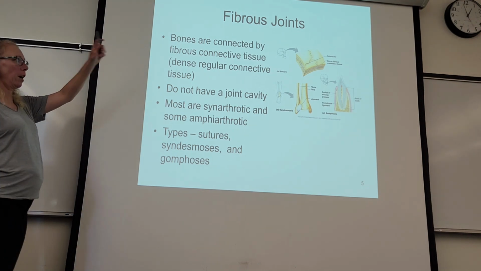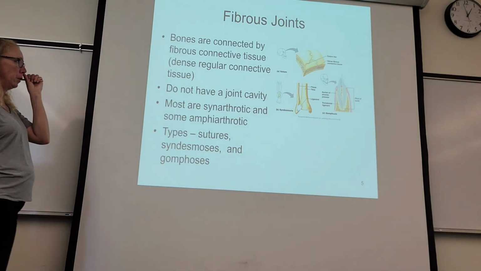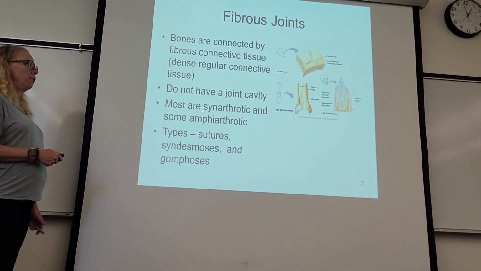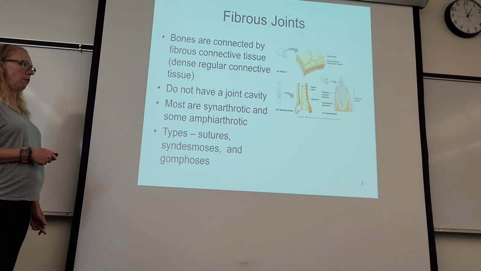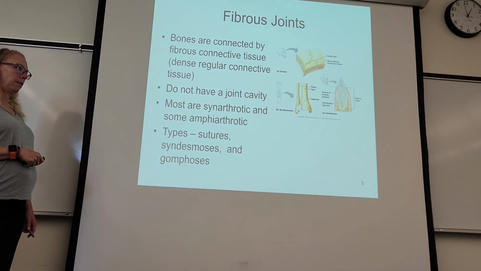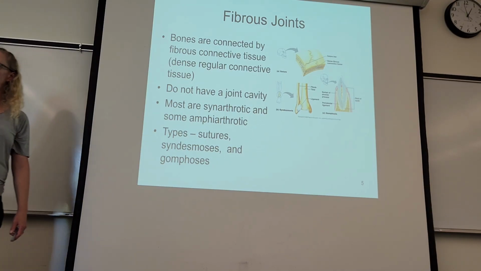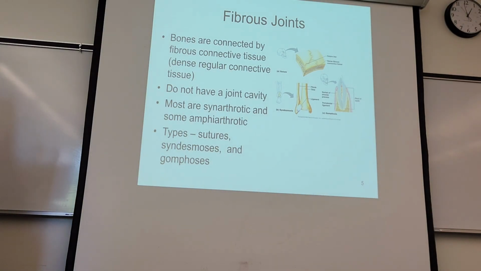So in fibrous joints, we've got fibrous or dense regular connective tissue that's going to connect the two surfaces. There's no synovial cavity, there's no joint cavity. Most of them, because of that, have no movement, so they're synarthrotic. Some of them are amphiarthrotic, but a majority of them we're considering synarthrotic. And we've looked at one in lab, suture. A suture is structurally considered a fibrous joint.